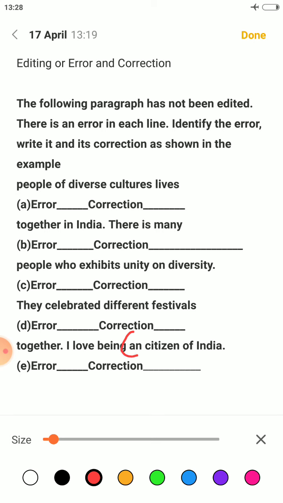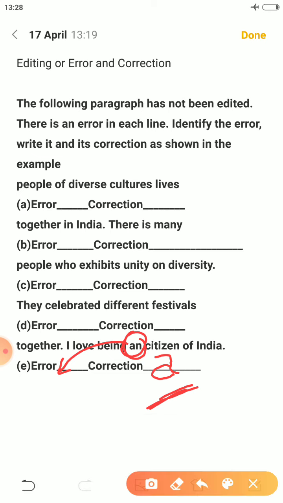So here an is not suitable. So an is the error and the correction should be a. That means: Together, I love being a citizen of India.